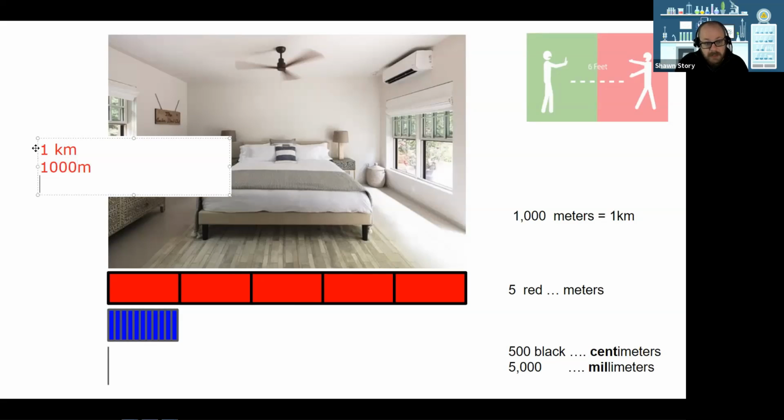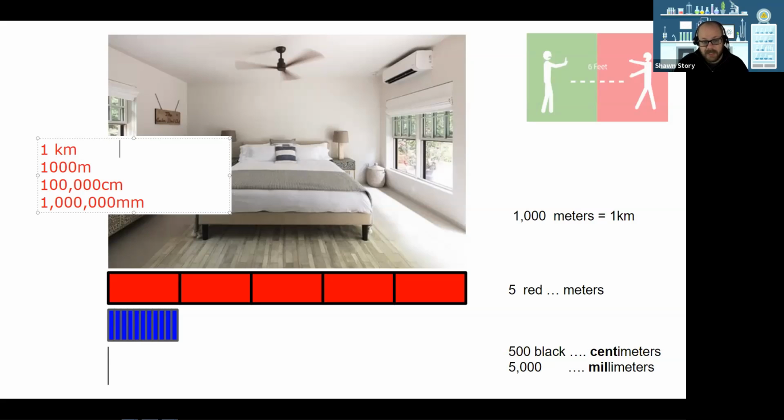1,000 meters, if I add 2 more zeros, would be that many centimeters. So it's 100,000 centimeters. Or if I add another 0, it would be 1 million millimeters. Those are all the same unit of measurement. It's the same distance: 1 million millimeters, 100,000 centimeters, 1,000 meters is 1 kilometer. So it's so easy to convert between them.